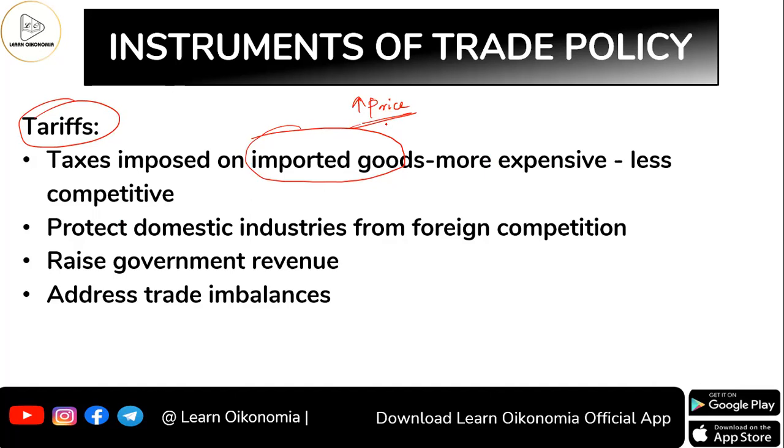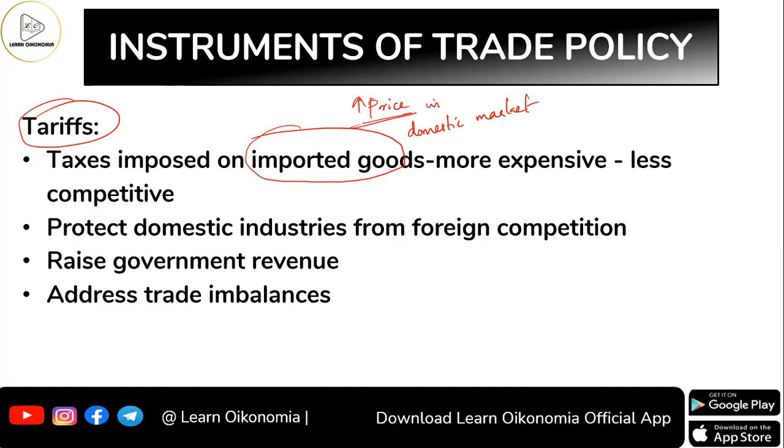Remember, it is increasing in the domestic market. If a particular country imports a good from another country, the importing country will face an increase in the price of the imported good in the domestic market.